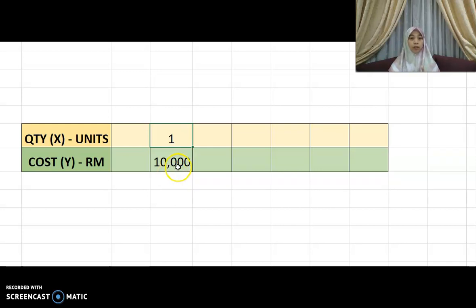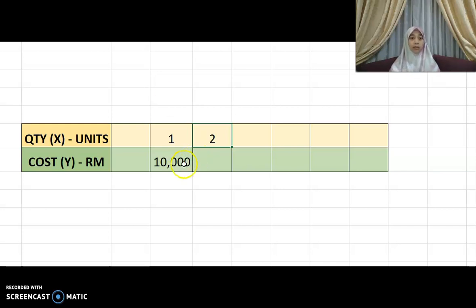What if you produce 2 units? That cost of 10,000 will be shared by 2 units. How much portion of your fixed cost will each unit bear?